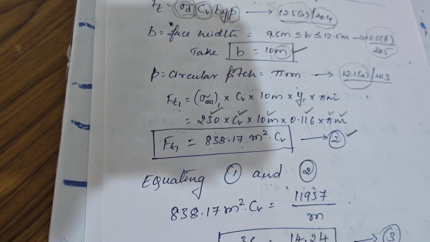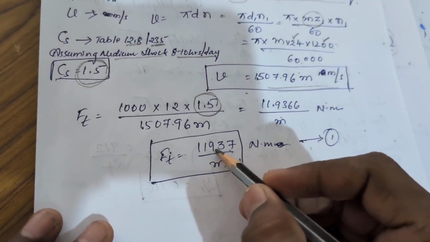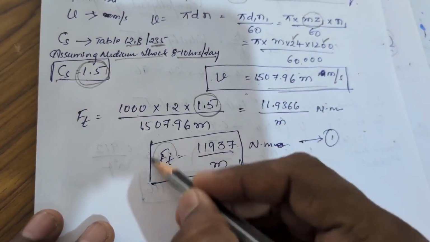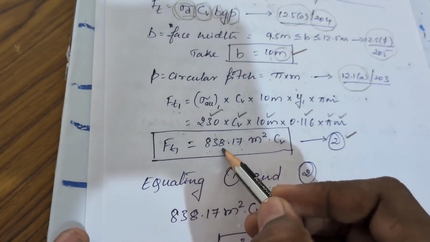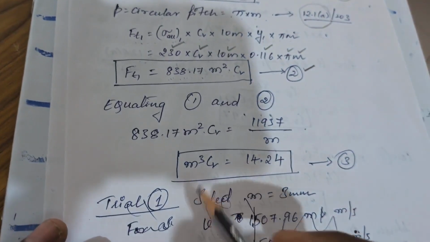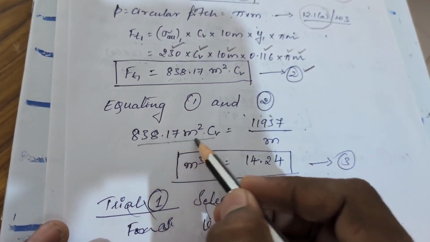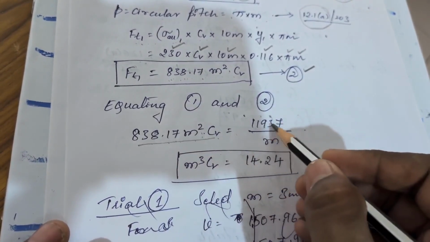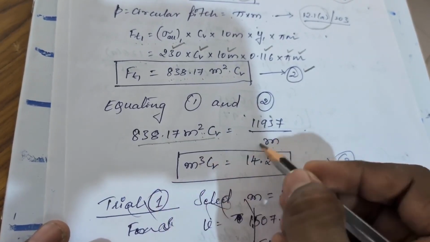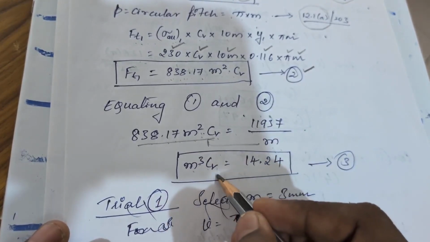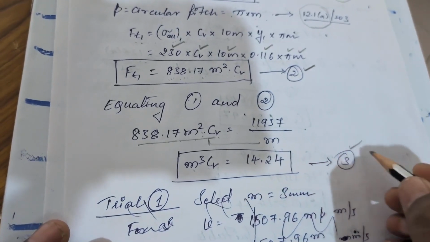So as you can see, you got two equations: equation 1, which you got as 11,937 by m, which is also the Ft value, and here also what you got is the Ft value. I will equate both equations 1 and 2. What you get is 838.17 m square Cv is equal to 11,937 by m. After simplification, I transfer m to the left hand side: m cube Cv is equal to 14.24. Let me put this as equation number 3.